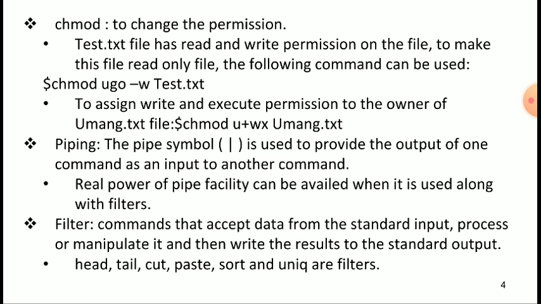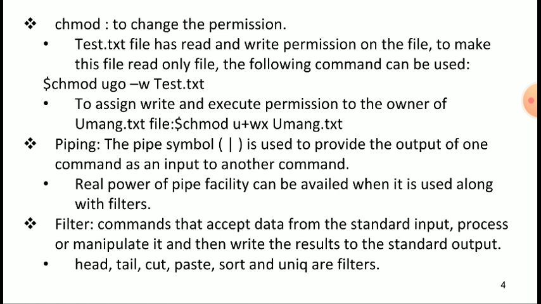To make this file a read only file, the following command can be used. Dollar is the command prompt. chmod ugo, that means users, group and others, ugo -w test.txt.